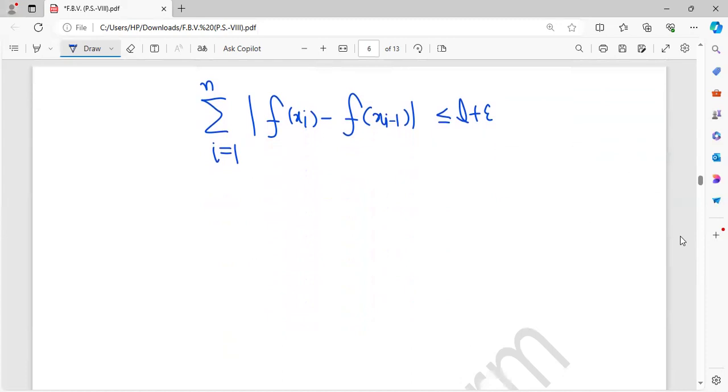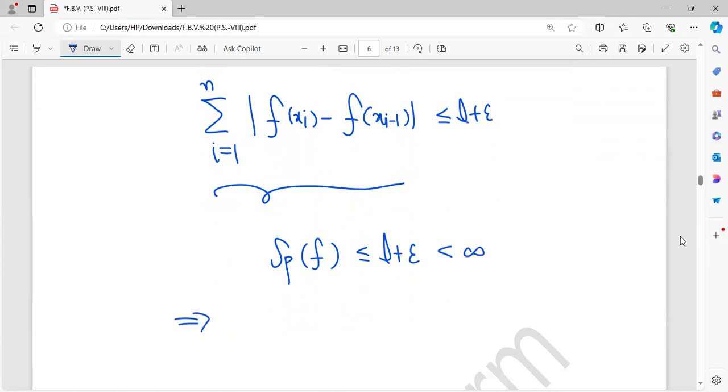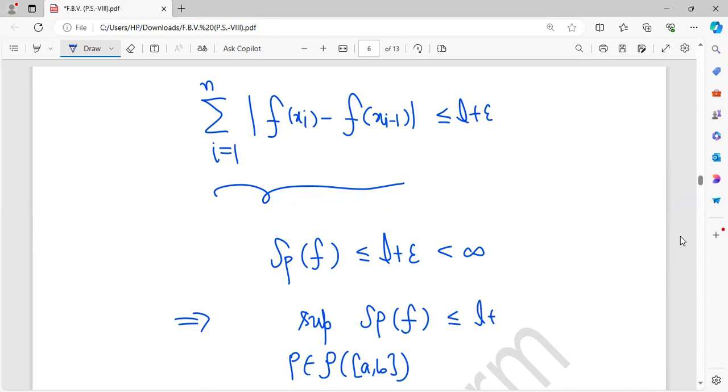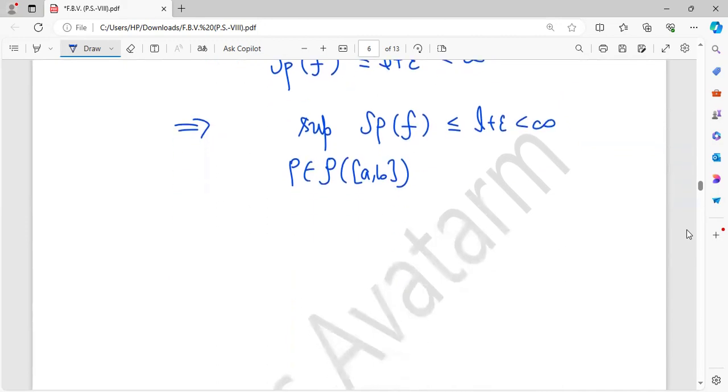So what is this? This is S(P, F). But this is finite. So the supremum over P belonging to the set of partitions of [a, b] of S(P, F) is less than or equal to L plus epsilon, and that is finite. So what does it mean?